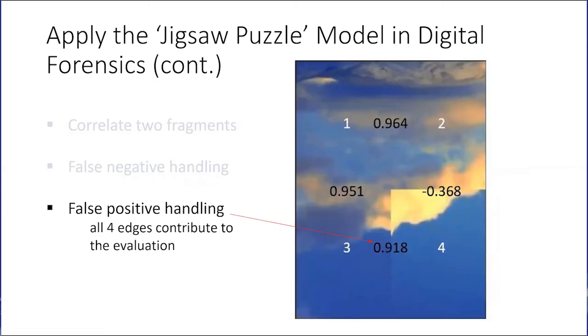Also, there are false positive cases, like in this example. When we calculate the correlation coefficients of the edges of the two pieces, the value is very high. It's 0.918.